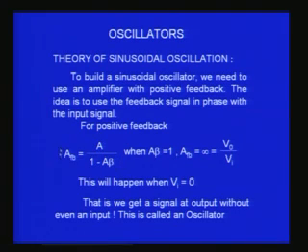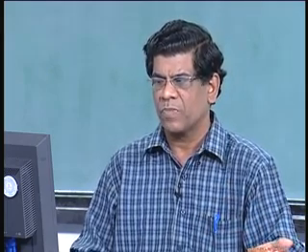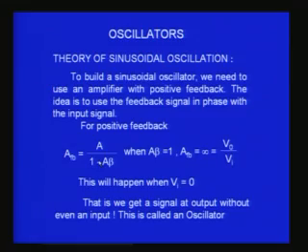You may remember that expression: A_FB, which is the gain with feedback, is equal to A, the gain without feedback, divided by 1 minus A beta, where again beta is the feedback ratio, the fraction of the output which was given at the input. This minus sign is what you get for positive feedback. For negative feedback, the sign in the denominator will be plus.